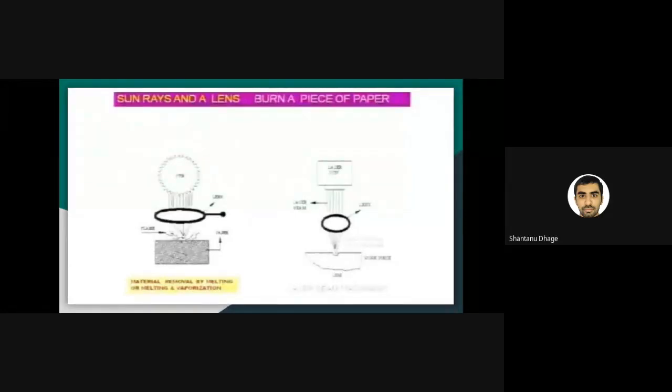As shown in the first diagram, you take a lens, and with the help of this lens, we concentrate the sun rays on a piece of paper, especially when the sun is bright.